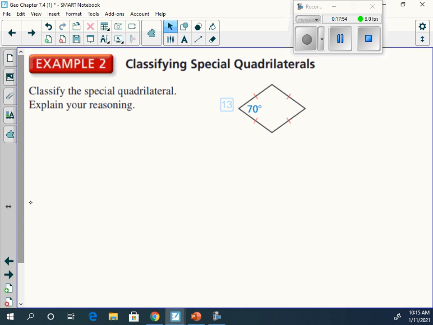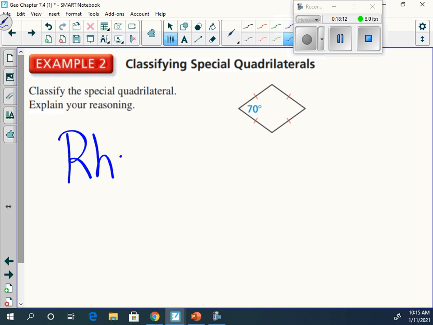Let's look at another one. Classify the special quadrilateral. Looking at this here, what do we know for sure? It is a rhombus.